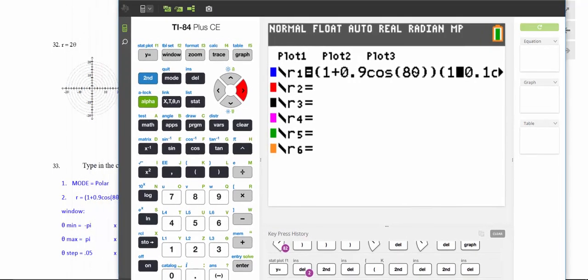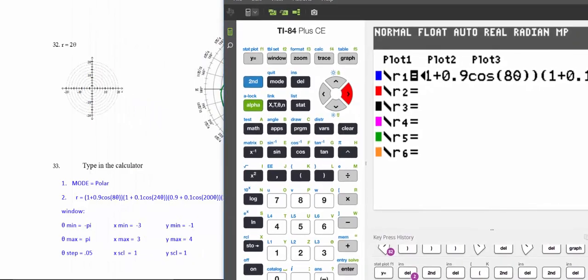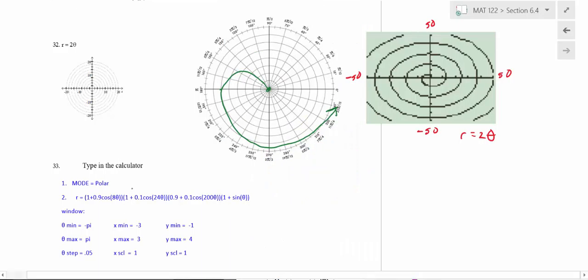I think maybe there was an extra parenthesis in here somewhere, because you need to have parentheses, 1 plus 0.9 cosine 8 theta, like that. I think I got an excessive parenthesis in there.